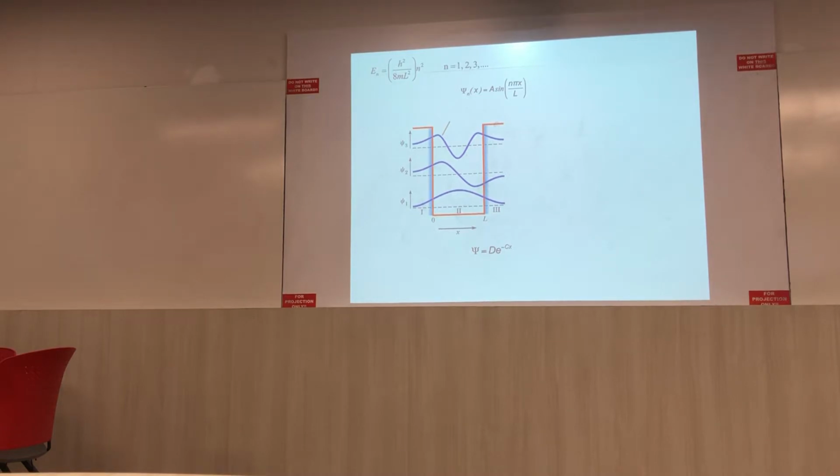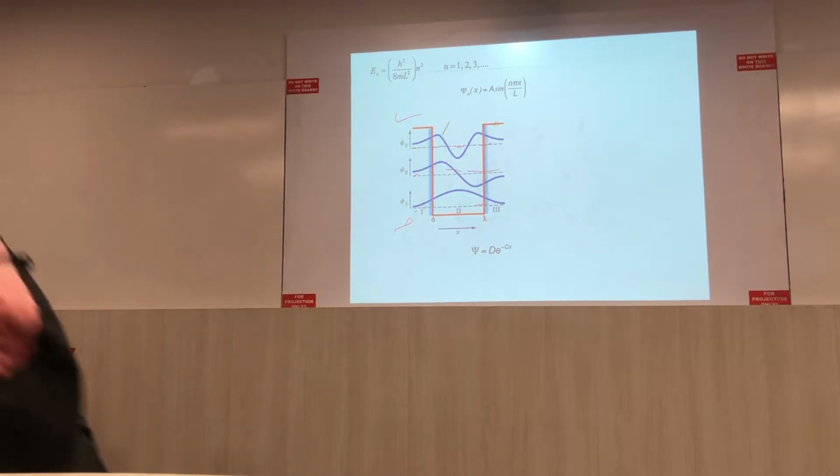So now let me talk about this particle in a box. This diagram is now very familiar to us, isn't it? So these vertical lines represent the potential well, and these horizontal dashed lines represent the energy states for this particle inside the box. Right?